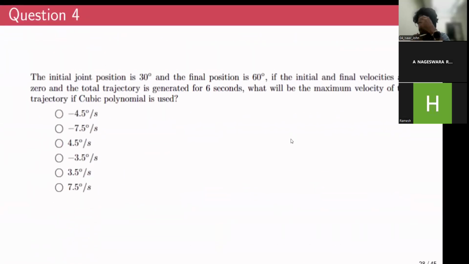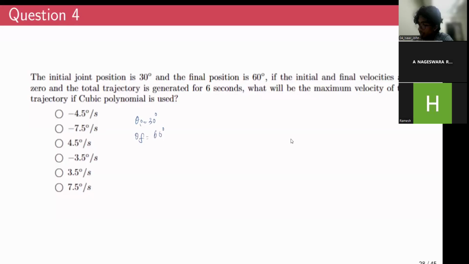Now, moving on to question 4. This is a numerical problem. The question gives your initial position theta I as 30 degrees and theta F as 60 degrees.